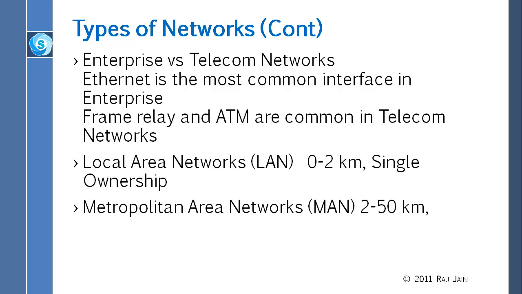The wire that goes between the switching offices may use different protocols. That could be either metro or core. Metro is the one that goes around the city, and the core goes between the cities, just like MAN, WAN, and LAN. So the telecom networks are access networks, metro networks, and core networks.